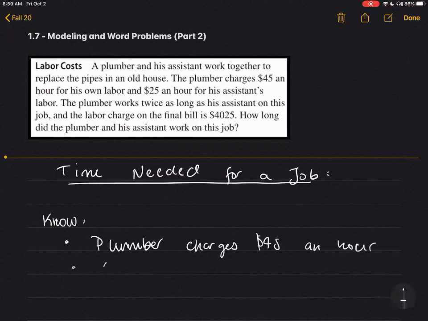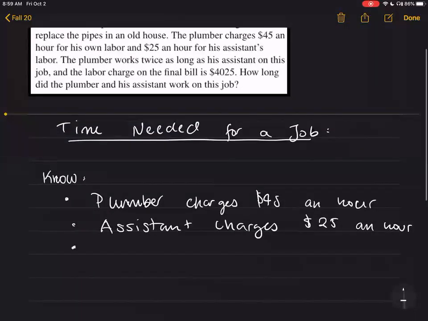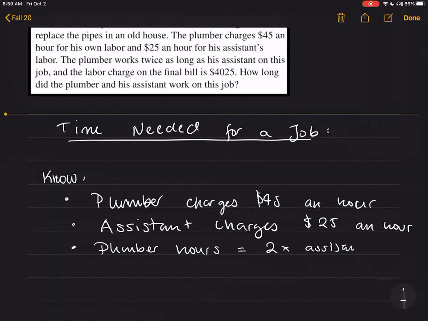And then the assistant charges $25 an hour. And we also know that the plumber works twice as long as the assistant. So plumber hours are 2 times assistant hours.